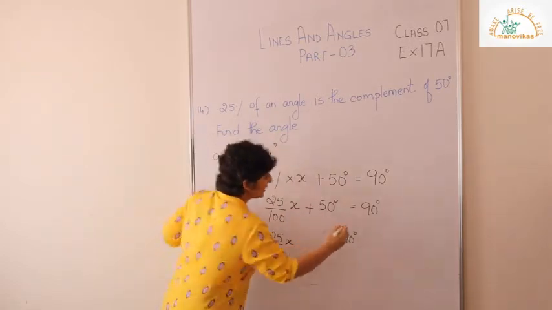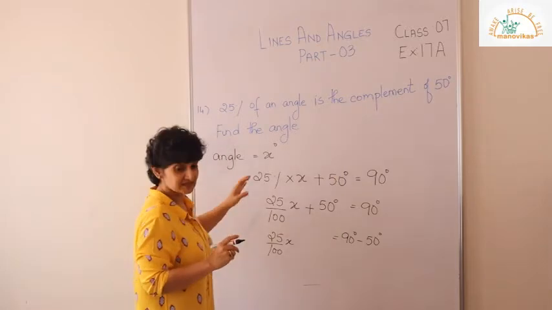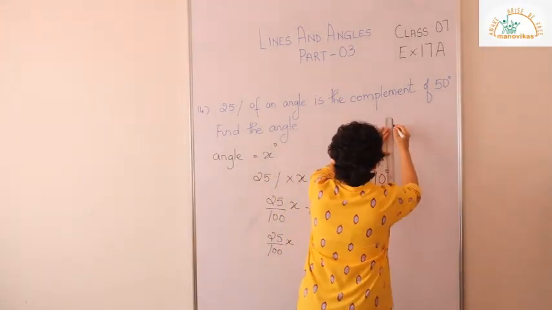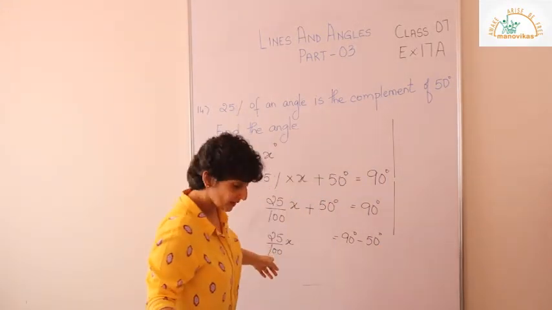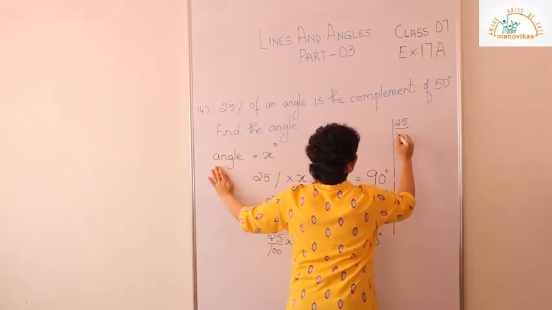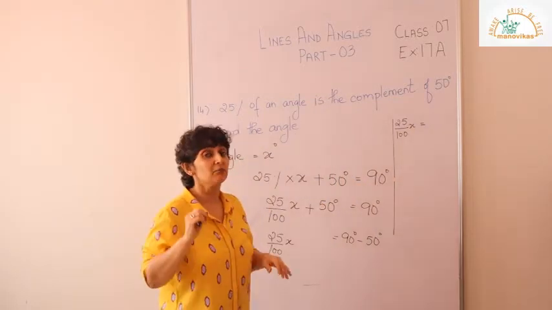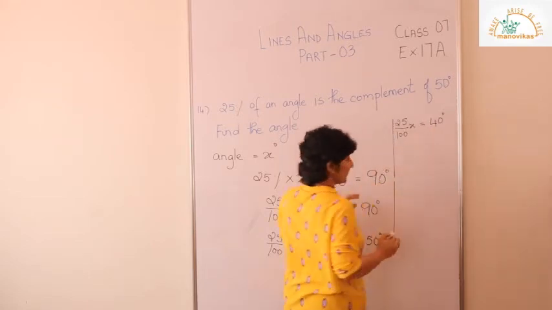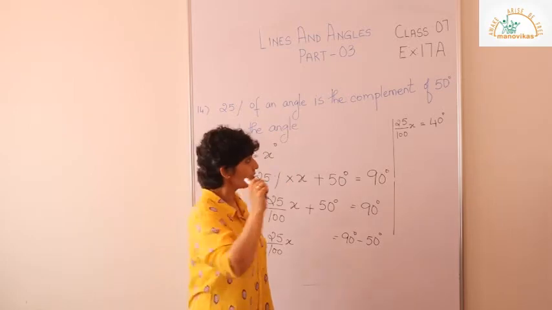So 25 upon 100x is equal to 90 plus 50. When we take that side, it's going to be minus 50 degrees, correct? Since I don't have space, let me use up this space. Now I have 25 upon 100x is equal to 90 minus 50, which gives you 40 degrees. 9 remove 5, 4. So 90 minus 50 gives you 40.